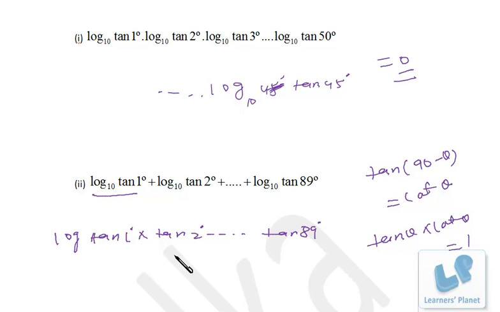Now what? Tan 89 is what? Cot 1. Tan 88 is what? Cot 2. So tan 1 cot 1, tan 2 cot 2, right? So what we will be getting? 1 into 1 into 1, that means 1 only, that means log 1, that's 0, right? So if you know this property, you can solve this problem very easily, right? So basic knowledge of trigonometry you must have. So for that you must attend the basic trigonometric sessions. Okay.